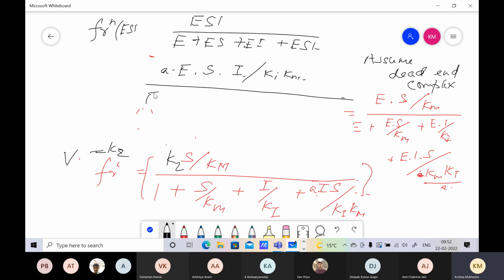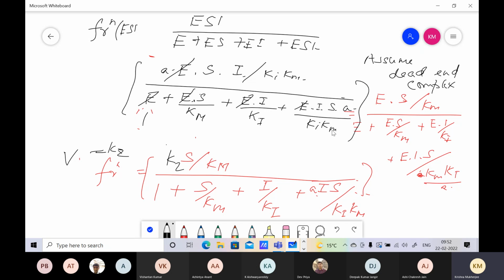Divided by E plus, as I said, E into S upon Km plus E into I by Ki plus E into I into S upon Ki Km into A. So you see the advantage, then I divide by E, I get this as 1 and these are all gone. And so this is the expression for the fractional saturation in terms of S.